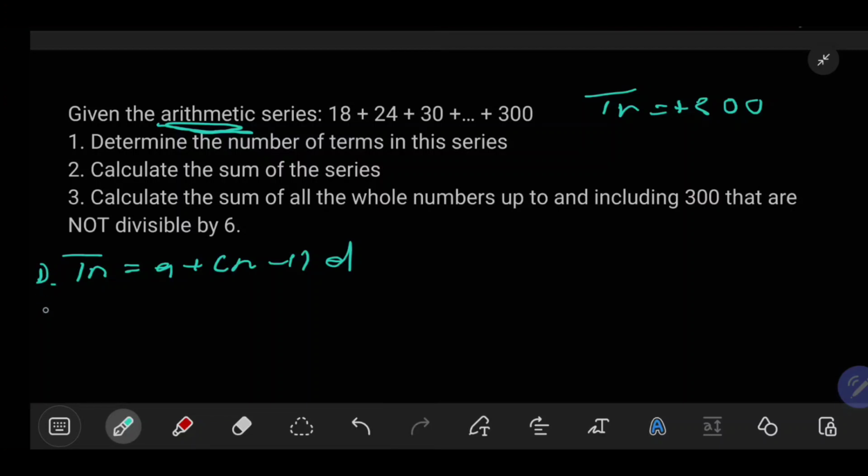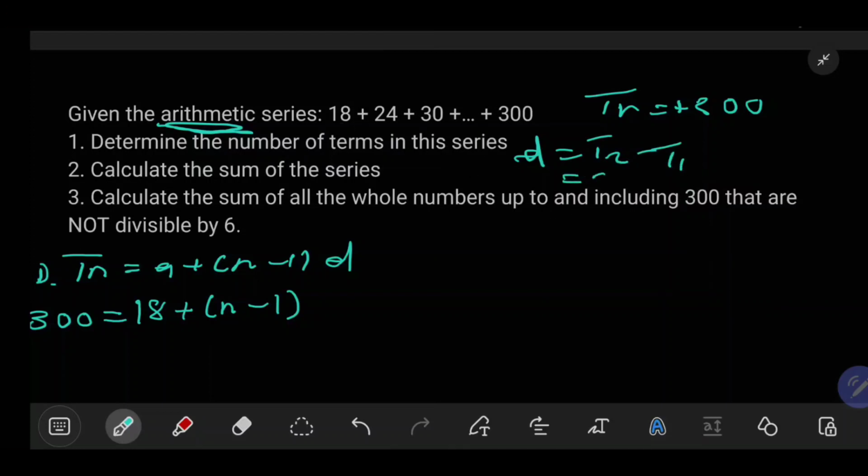So 300 equals the first term, 18, plus n minus 1 times the difference. The difference d equals t2 minus t1, so 24 minus 18 gives 6. Even if you say 30 minus 24, you get 6. So our difference here is 6.